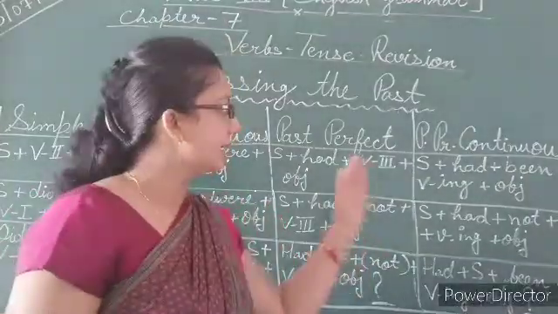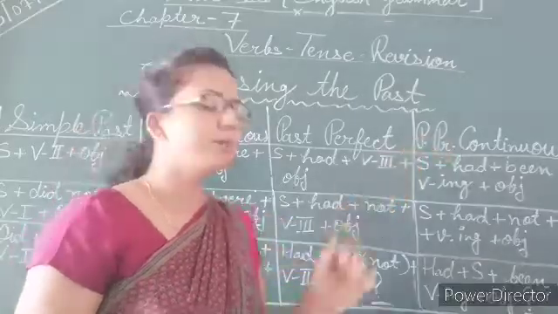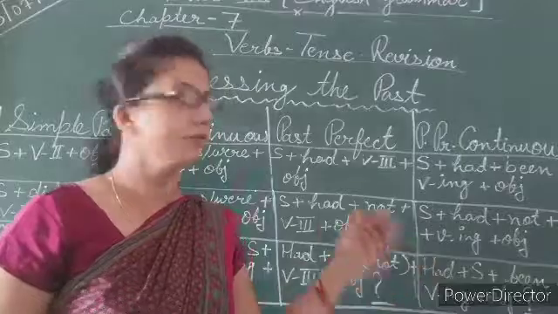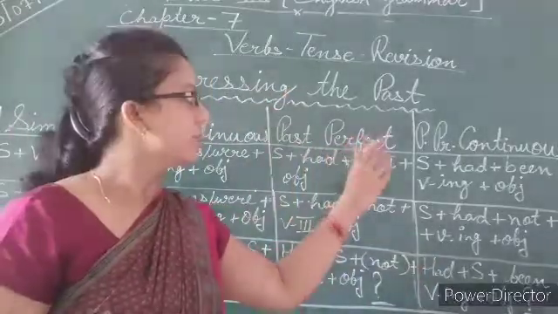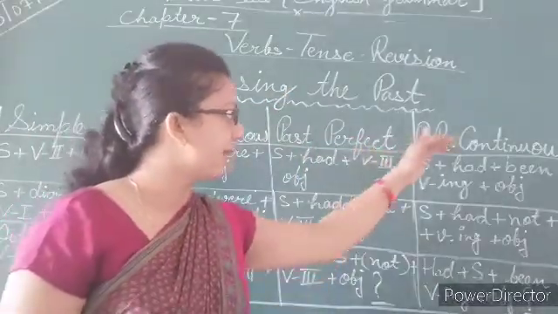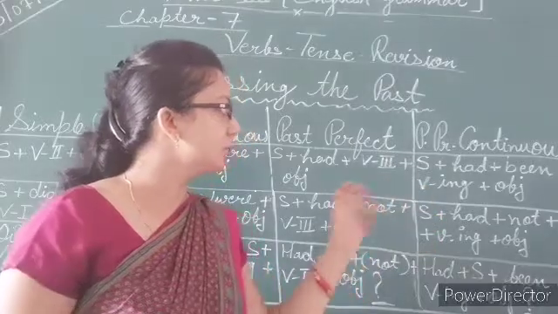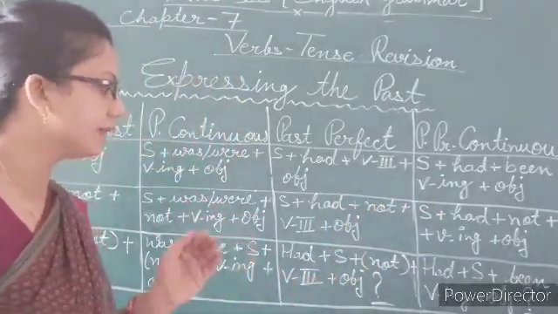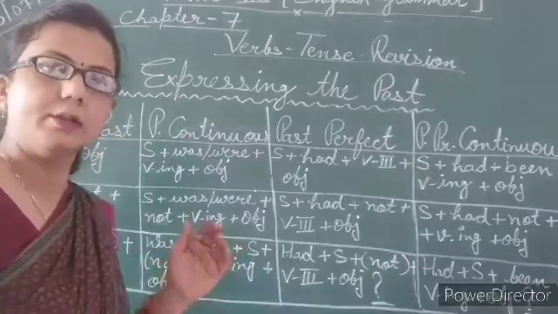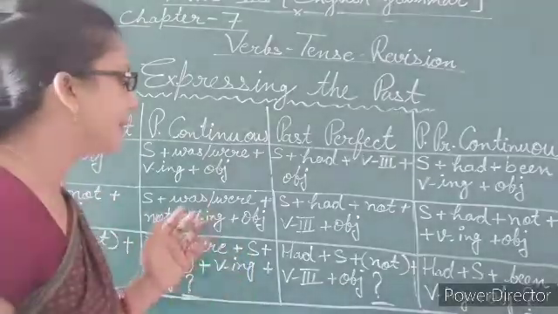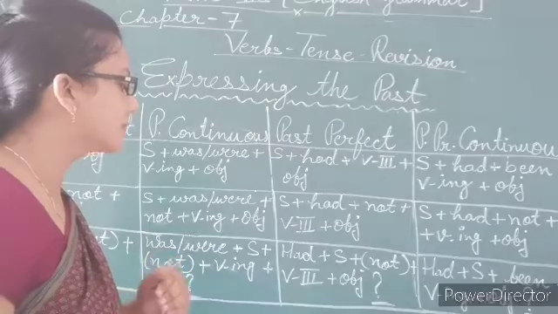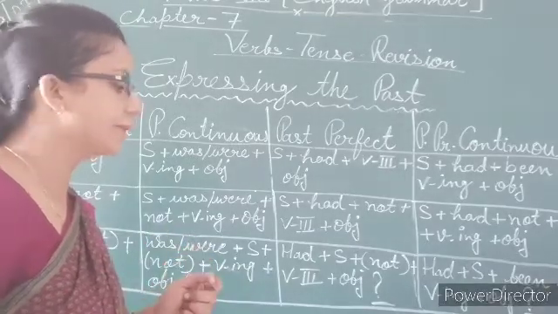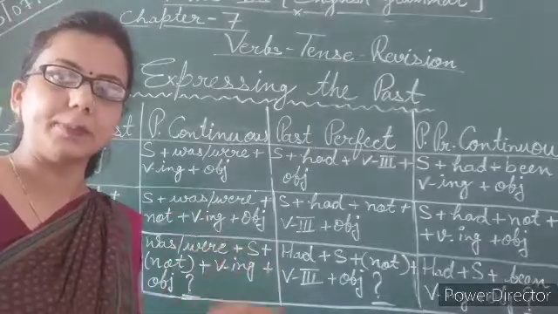Now, past perfect continuous is the last form of our past tense. We need to use it when an action that had started in the past continued up until another time in the past.